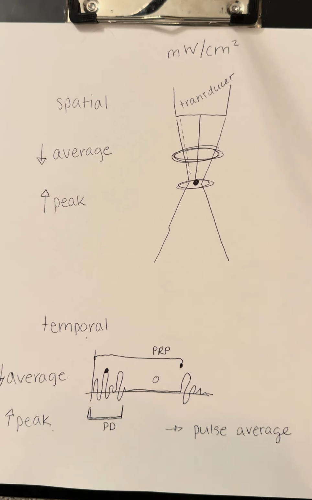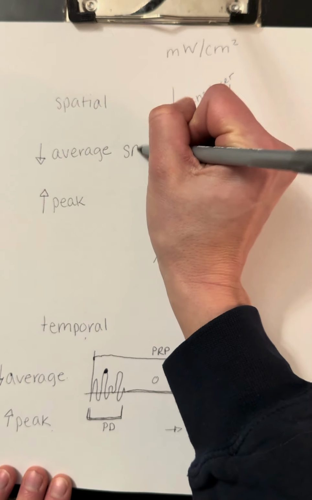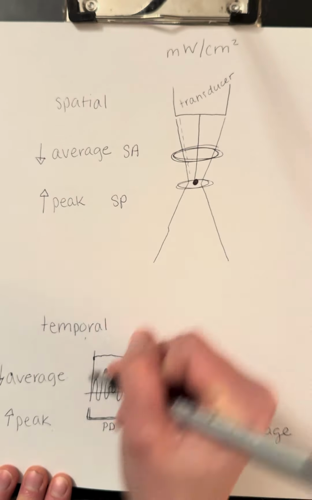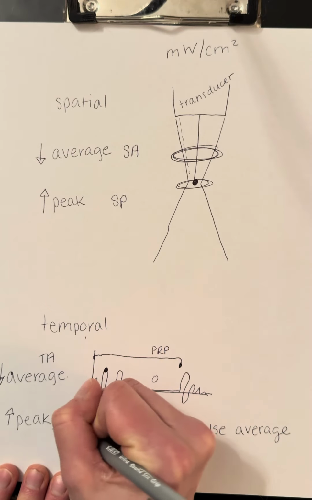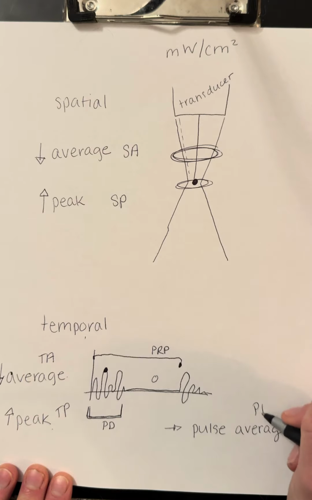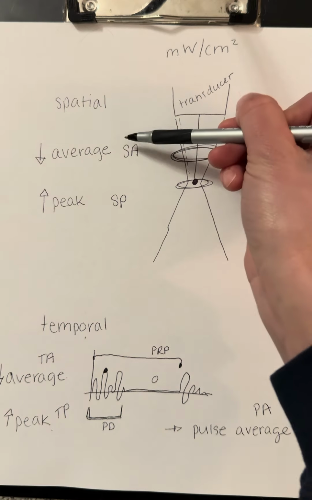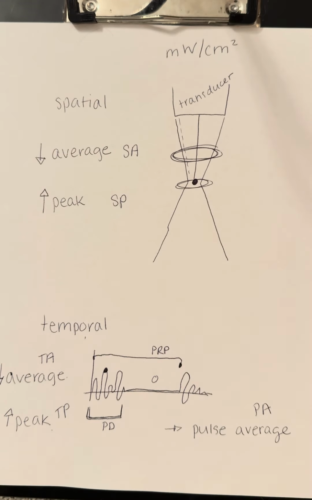When we sort these, we're going to talk about them in terms of abbreviations: spatial average, spatial peak, temporal average, temporal peak, and pulse average. We combine a spatial average with a temporal average, and we sort these in order of intensities.